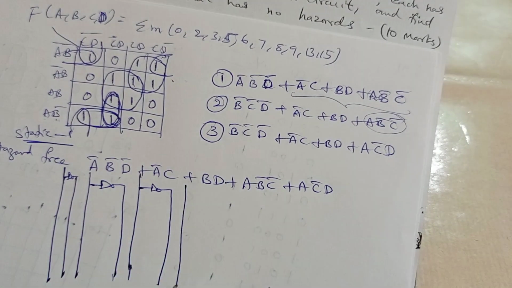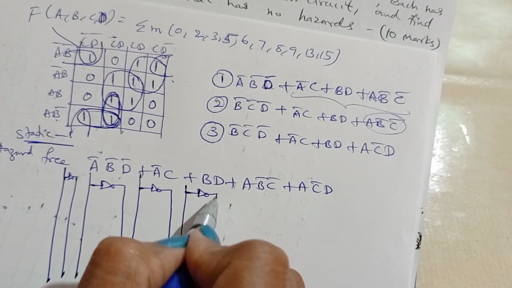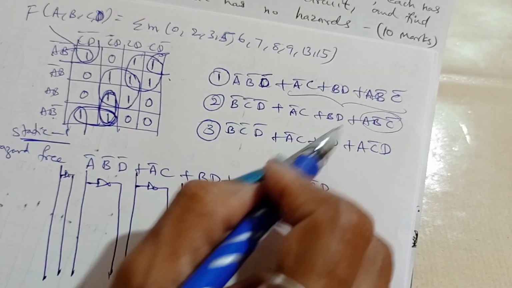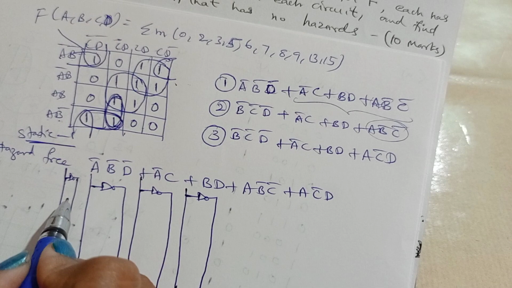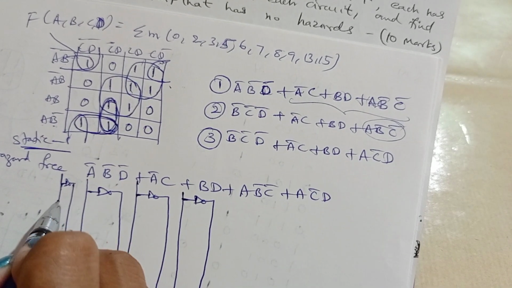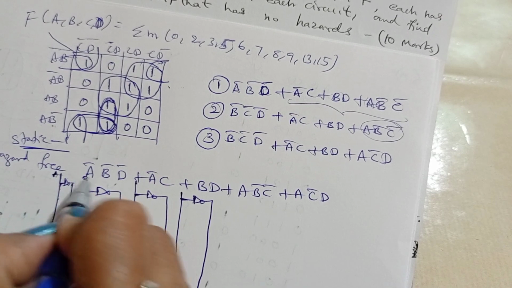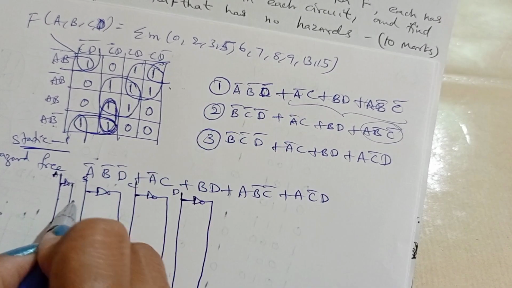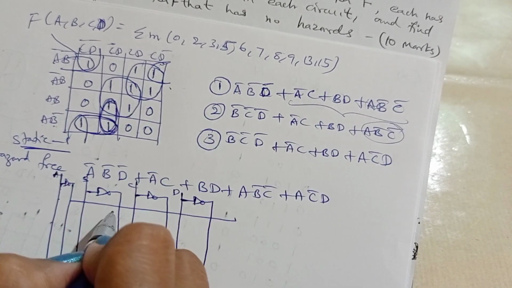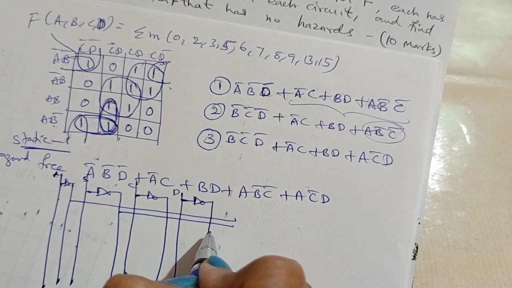When we draw this, we need to draw all the three circuits. For all these three, we need to draw, that is A bar, A, B, C, D. A bar, B bar, D bar.